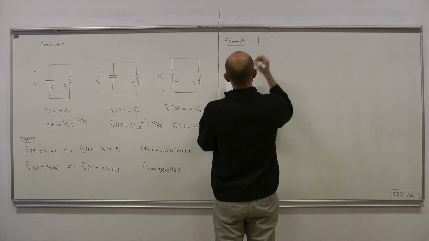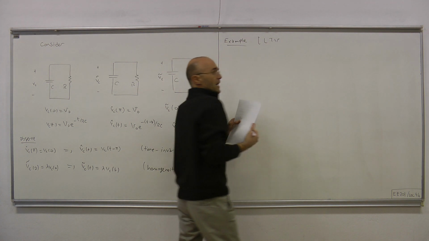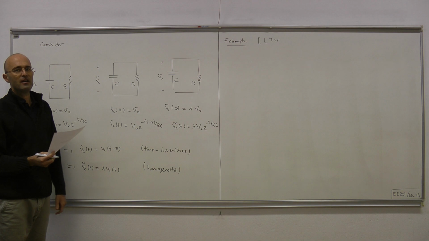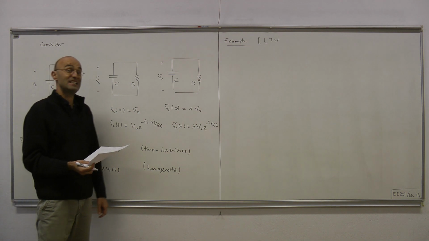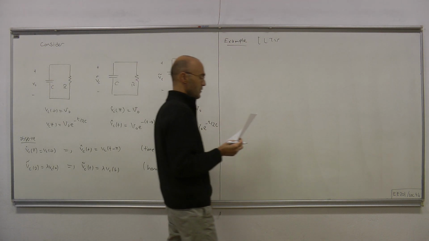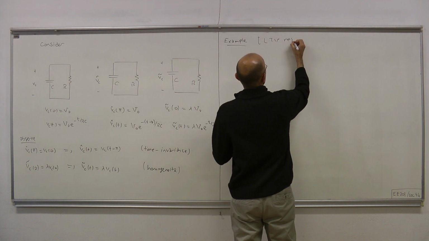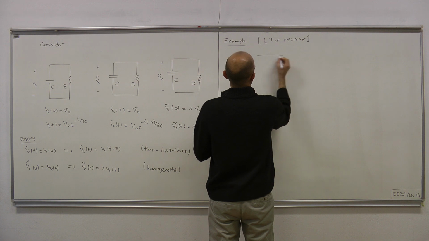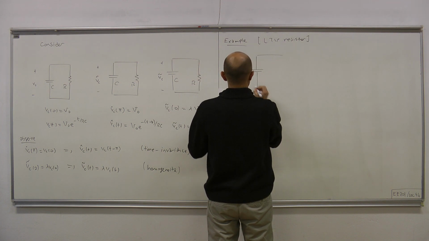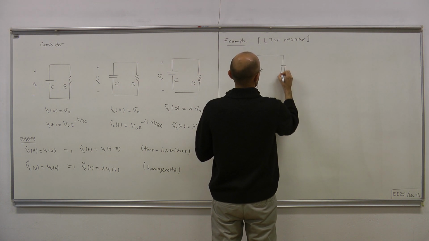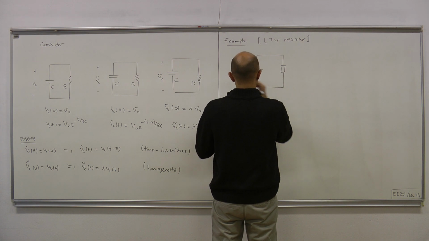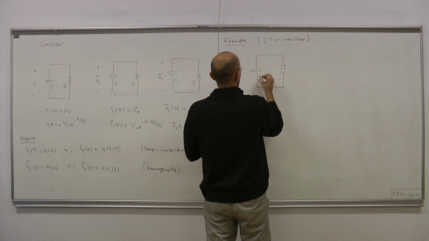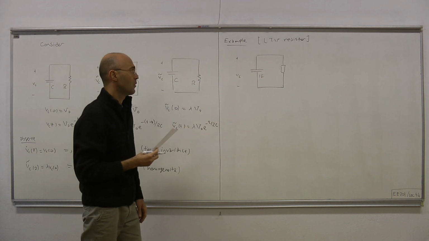Consider again an RC circuit, but this time R is not an LTI resistor, but an LTV resistor, a time-varying one. Suppose the capacitance is 1 farad.